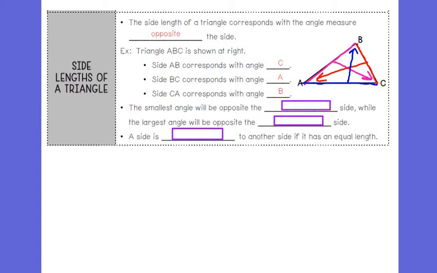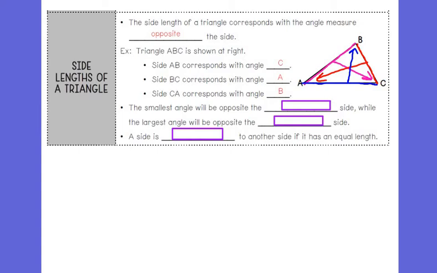Okay, so it says the smallest angle. So if I had a triangle like this one here, I would say that this angle is the smallest angle, right? This one would probably be the largest. It's obtuse. But this one is pretty small. It says the smallest angle is opposite what kind of side? Is it going to be the longest side if it's the smallest angle?